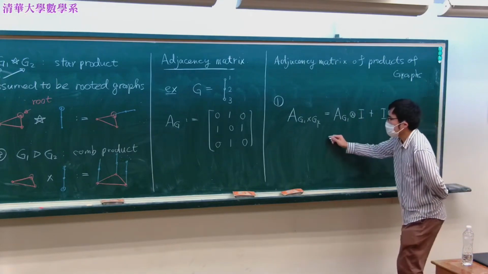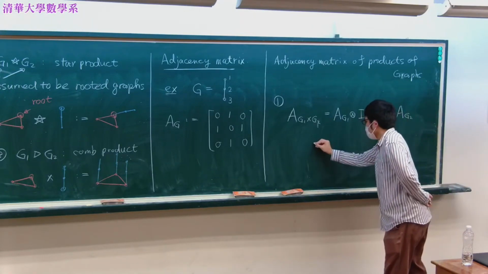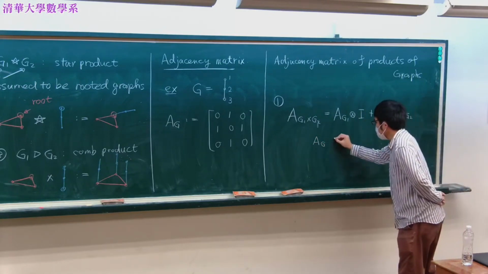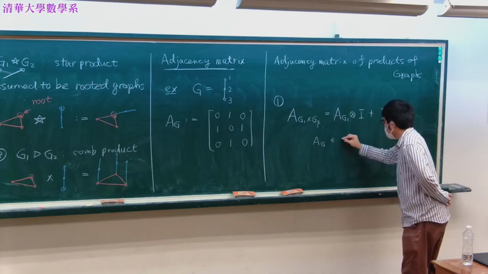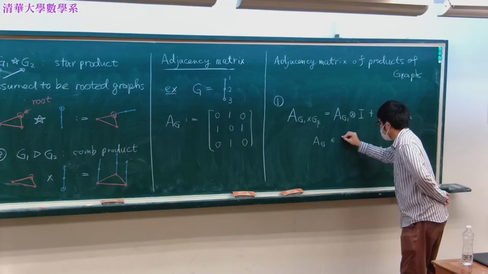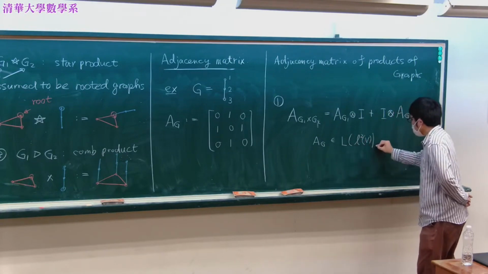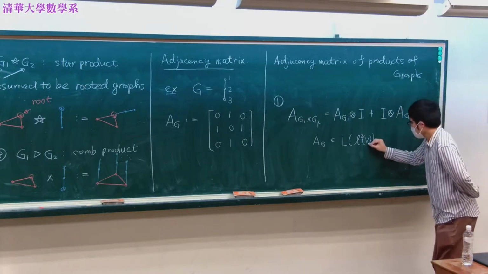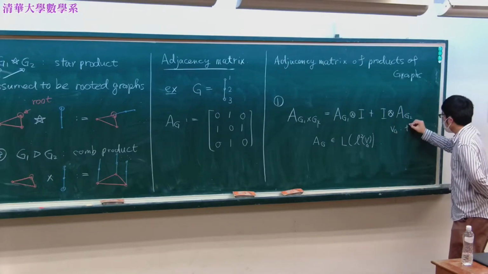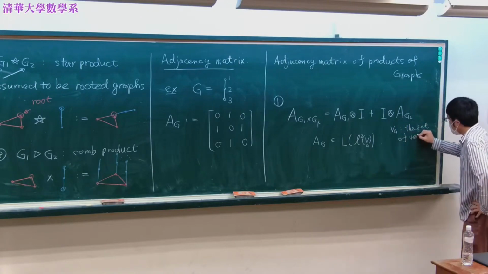So here I'm using the following identification. The adjacency matrix A_G can be regarded as a linear operator, maybe let me say, on L2(V_G), where V_G is the set of vertices.